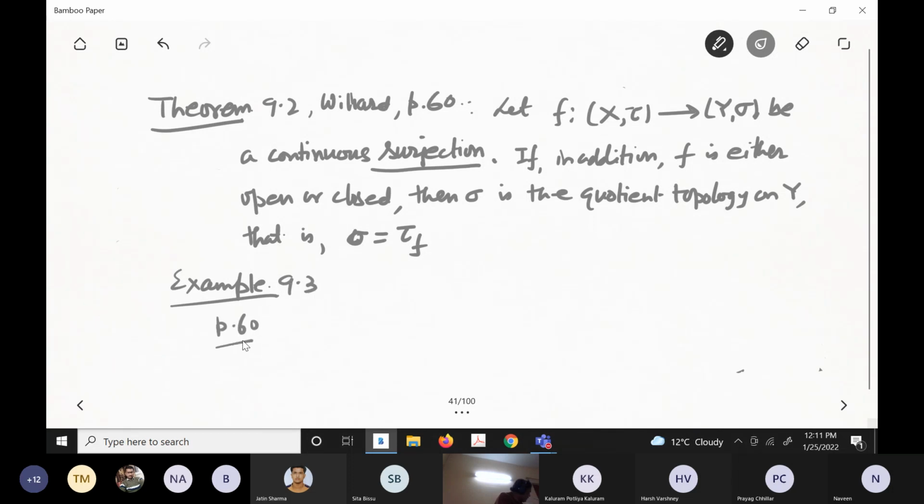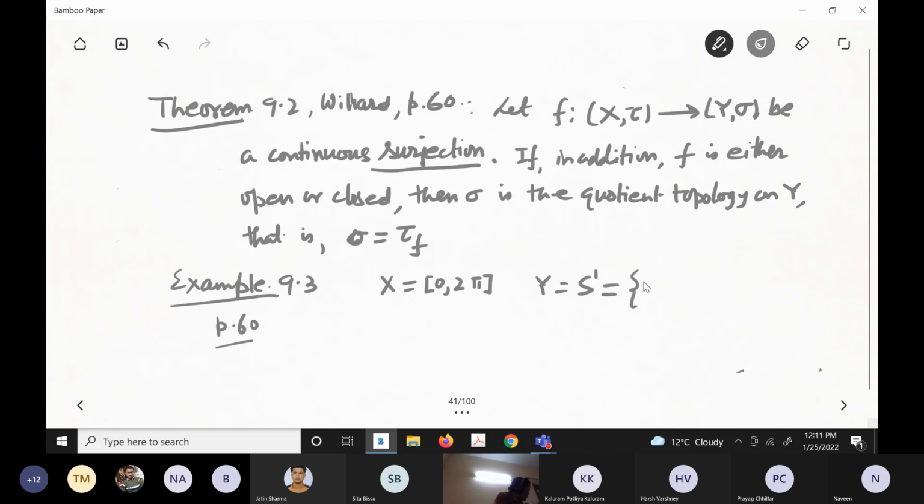Look, the example I have given last time. So here you are taking X equal to 0 to pi. Last time I took 0 to 1. That's why I multiplied by 2 pi. So here in Y you take the unit circle.